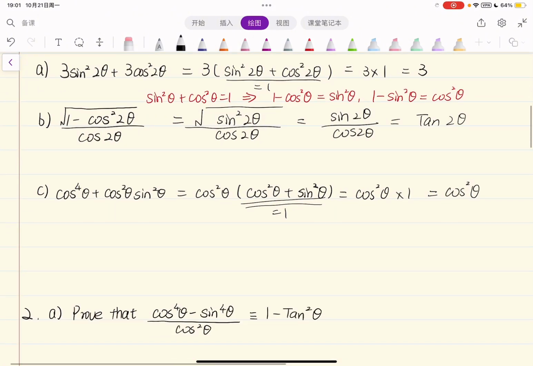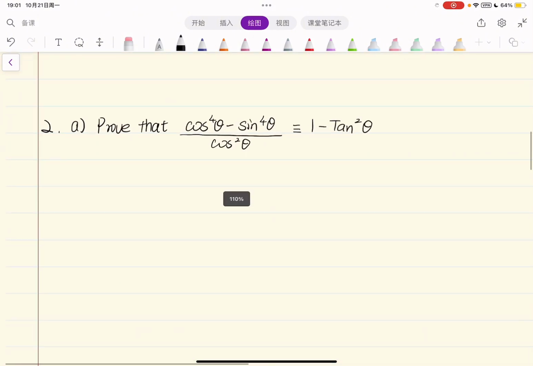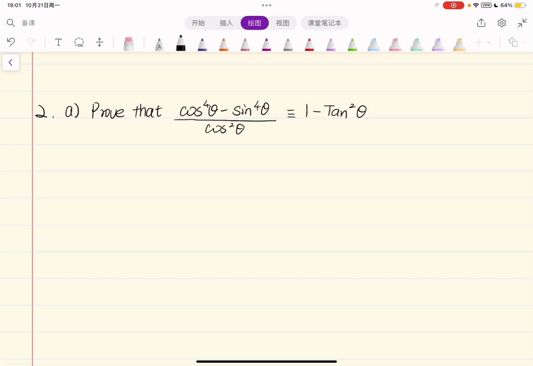Now let's see question 2. So prove that cosine to the power 4 minus sine to the power 4, over cosine squared, equals 1 minus tangent squared. Now let us start from the left-hand side. So the left-hand side equals cosine to the power 4 minus sine to the power 4, over cosine squared.